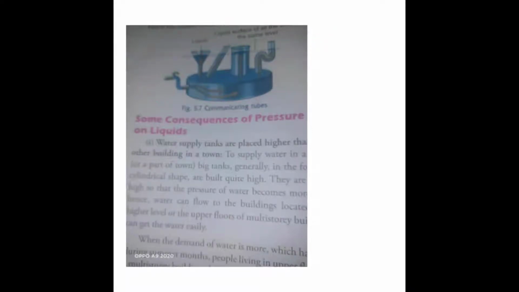Now, before going to the consequences of pressure on liquids, if it is asked what are the facts or laws of liquid pressure, you need to write this. Pressure is the same in all directions at a point in a liquid.